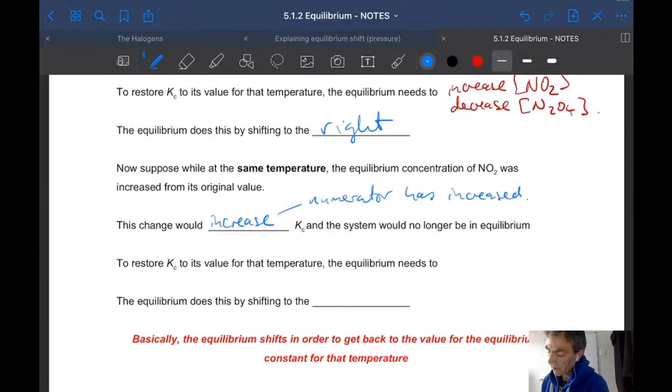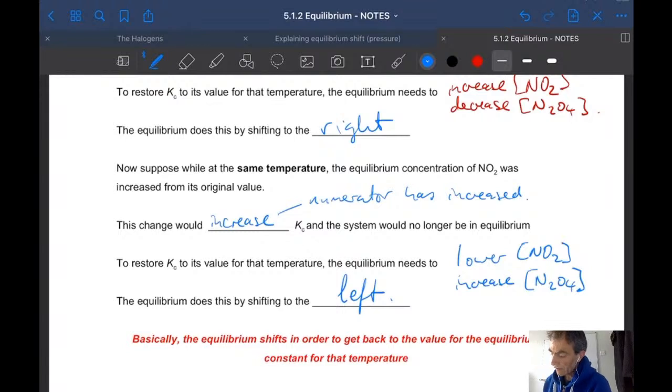So to restore Kc to its value for that temperature, what does the equilibrium need to do? It needs to lower the NO2 concentration and increase the N2O4 concentration. So it does that by shifting left.